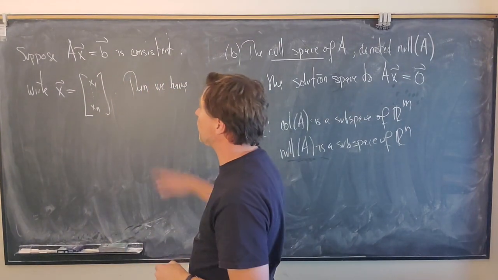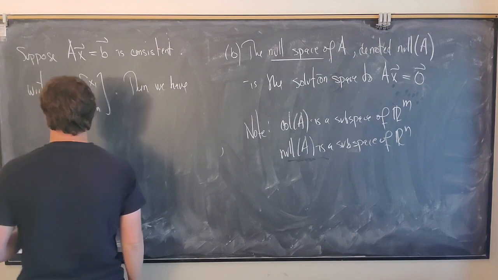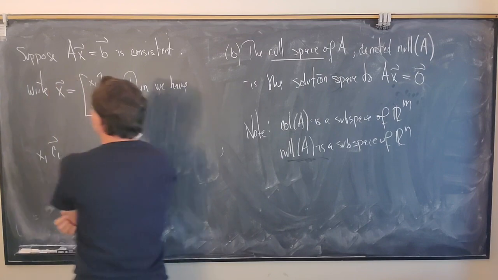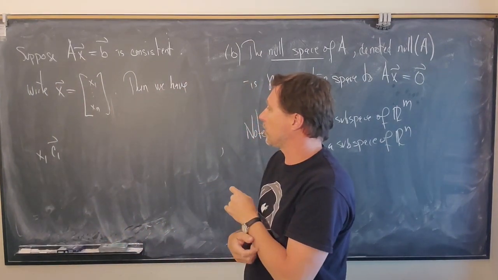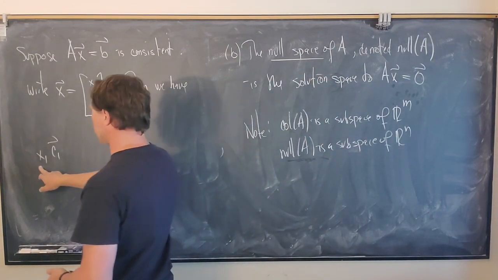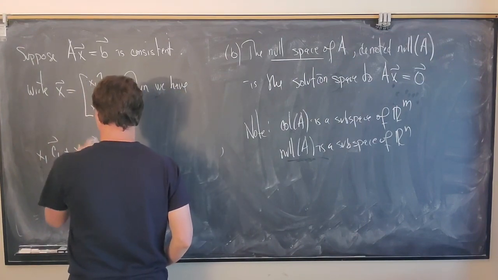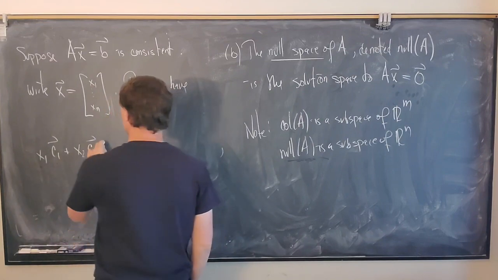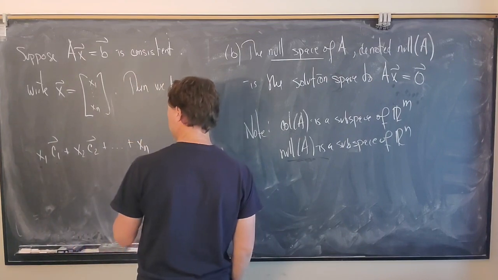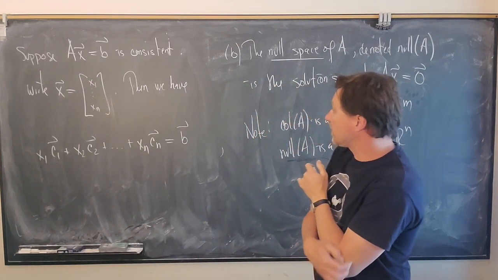when we do matrix multiplication, A times X, we can view it as first entry of X times first column. We haven't really thought about this for a while, but early on when we were talking about matrix multiplication, one way to think of matrix times column vector is first entry of X times first column plus second entry of X times second column, and so on, down to X sub n times C sub n equal to B. In other words, what does this tell us?